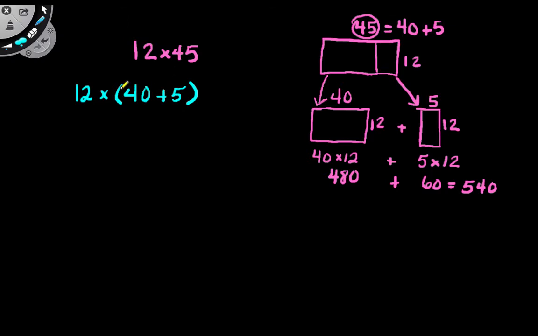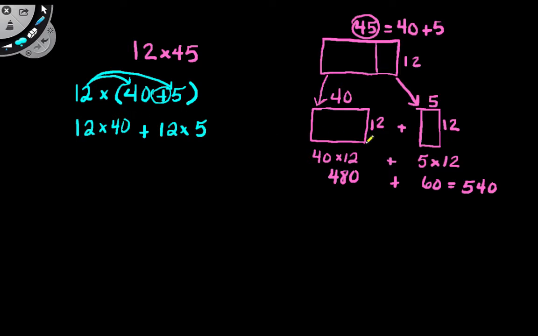Now, we use the distributive property to multiply the 12 with the 40 and to multiply it with the 5. So that would make this problem into 12 times 40 plus 12 times 5.